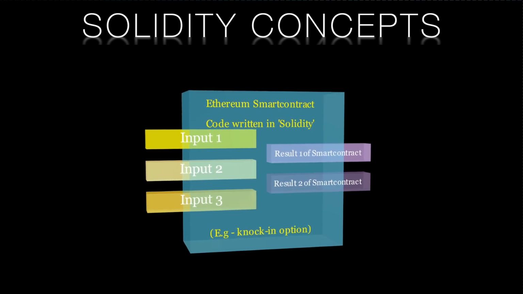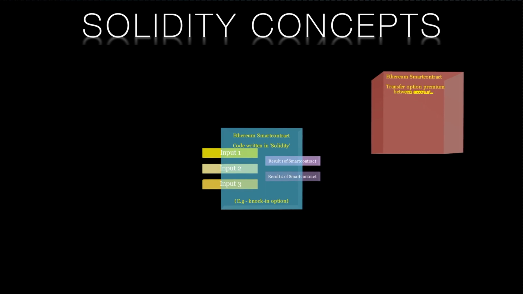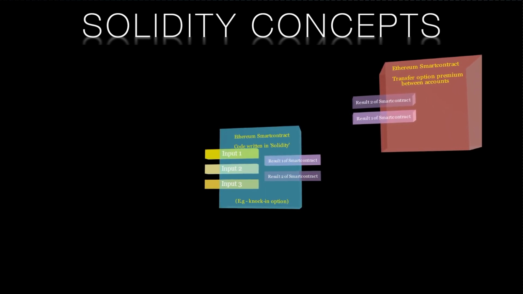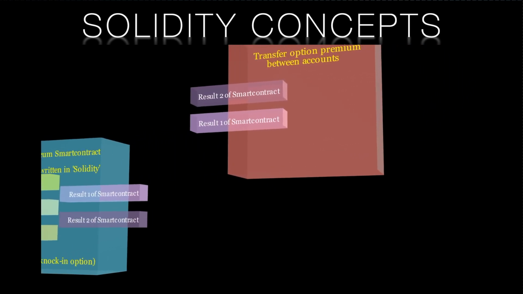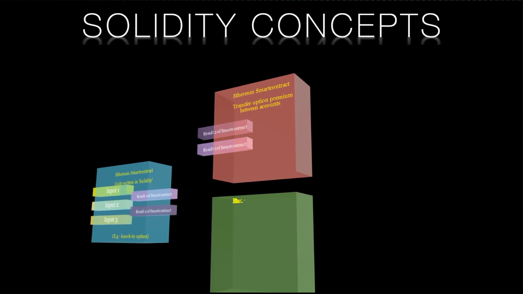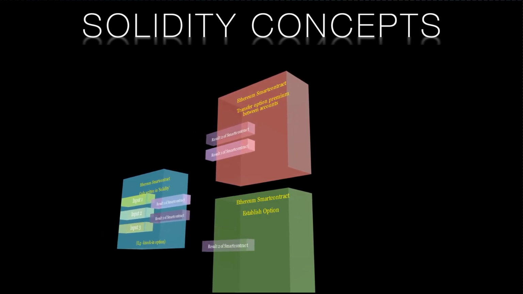If the barrier is triggered, then this smart contract would invoke other smart contracts. One might be to handle payments of additional premium, rebates, or financing costs. Another would be the call option that has been knocked in. All of this would happen automatically on the distributed ledger.